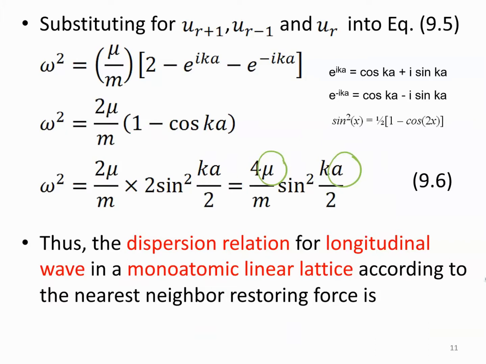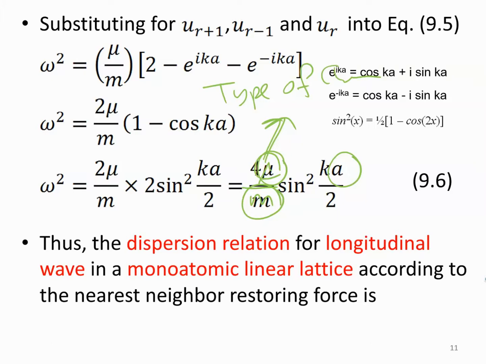This Hooke constant relies on the type of chemical binding. If the chemical binding, like covalent or ionic, is very strong, then of course this mu will be larger. If it's the weak one, like van der Waals or hydrogen bond, then this mu is also smaller. And as well as the mass of the atom.